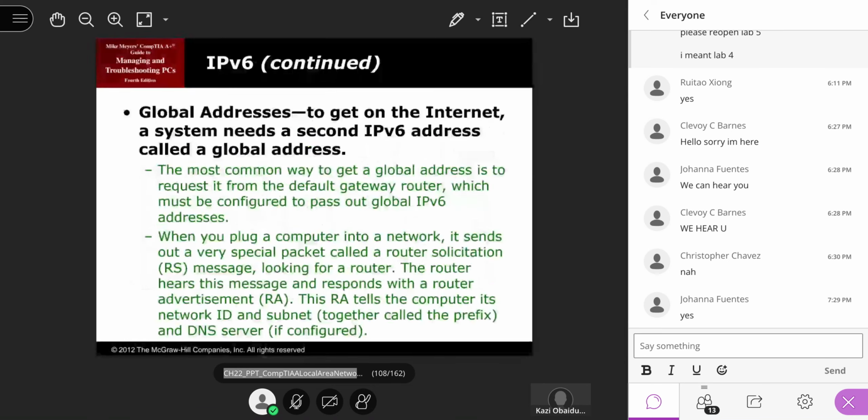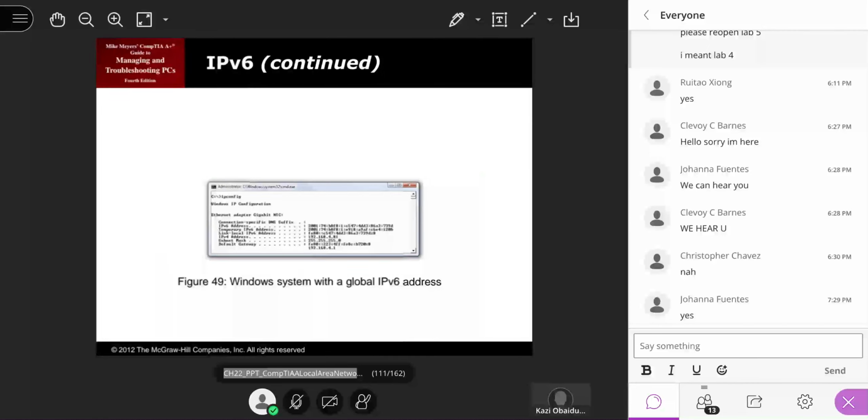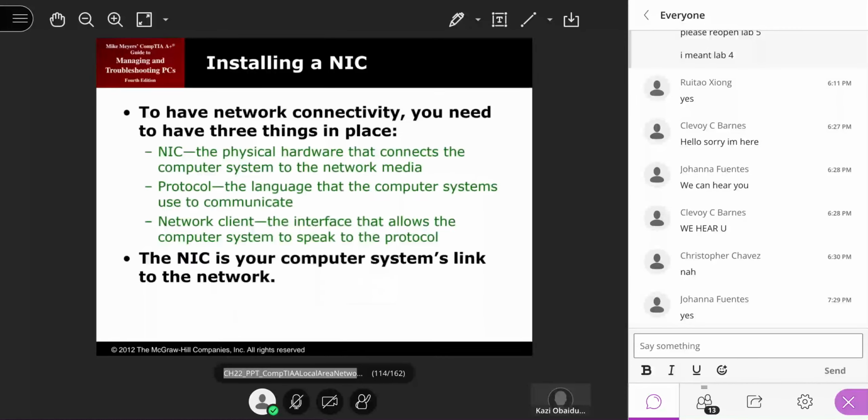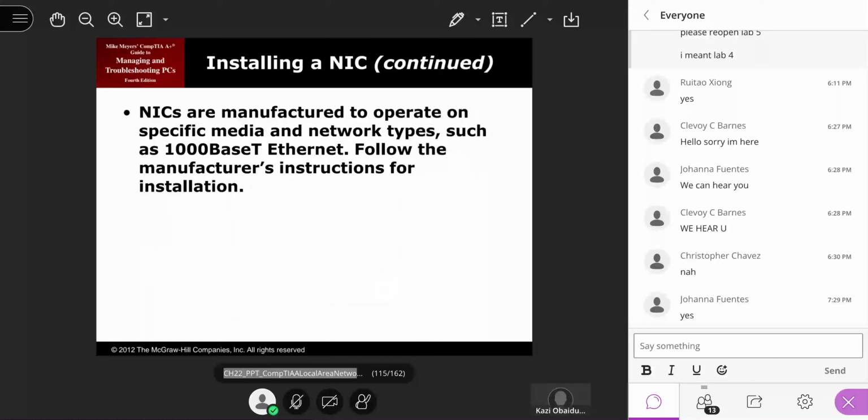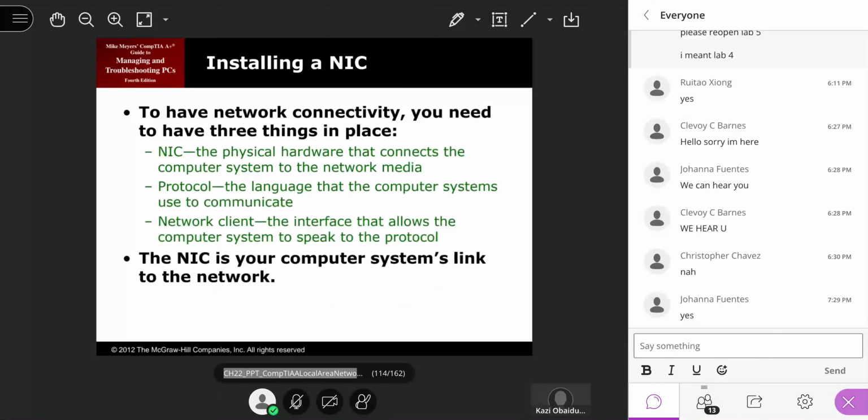So this we understand. I'm not going further. Let's keep up to this. Just one thing: installing the NIC. I introduced this in the visible network chapter. NIC means network interface card. If we want to connect one computer with the network, then we have to use this card.